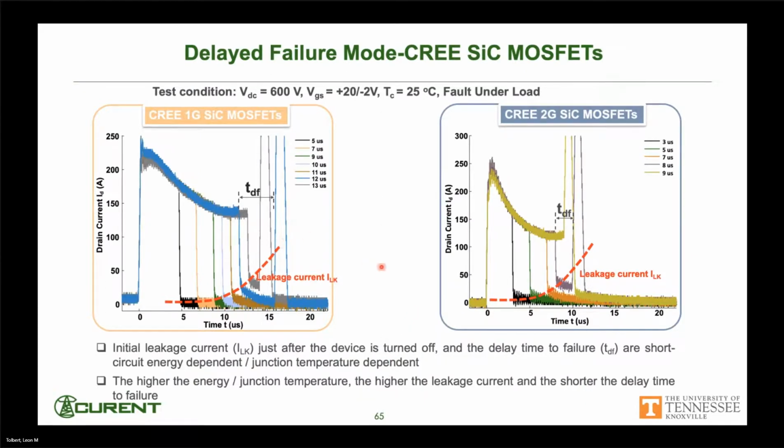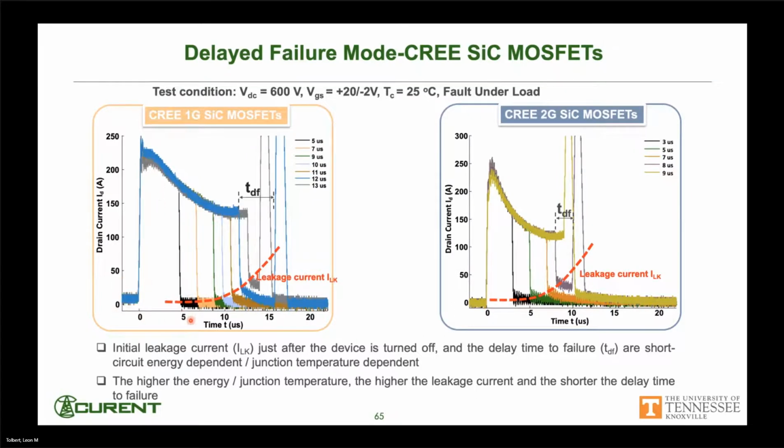And so looking at these devices, it's basically what we refer to as a delayed failure mode, meaning we run a short circuit current for a little while and we go ahead and switch that off, but the device actually ends up failing even after we've turned it off. As you can see here, we started out with a short circuit current that had a duration of 5 microseconds.